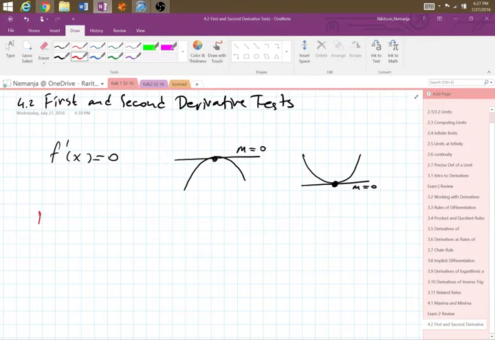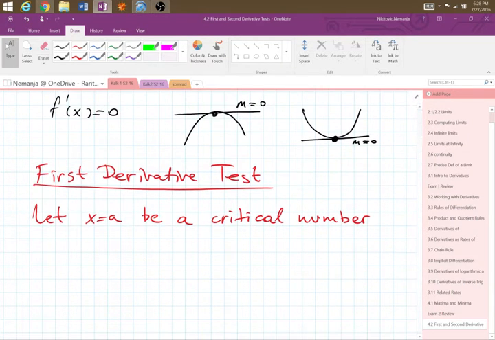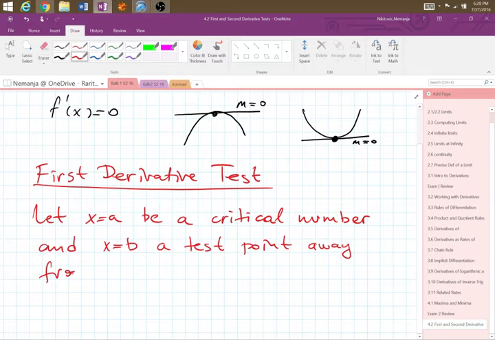So the first derivative test states, let x equals a be a critical number, and x equals b a test point away from a.